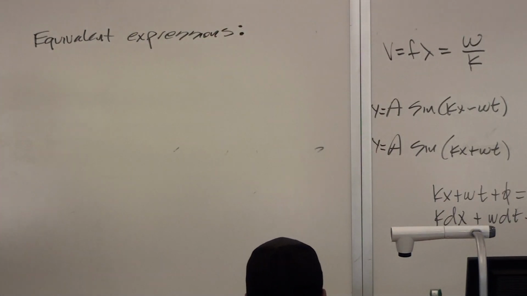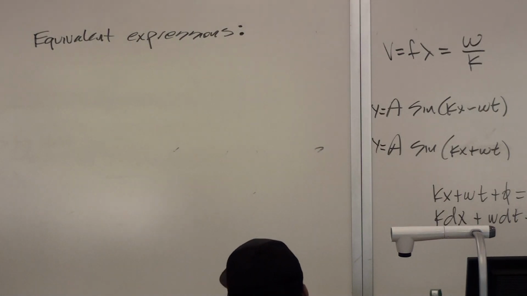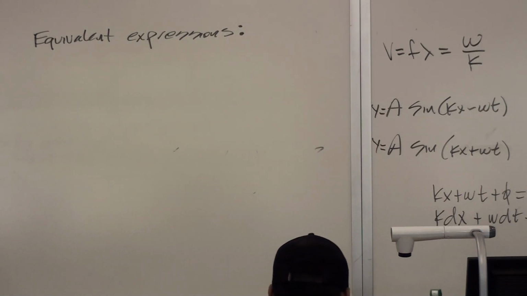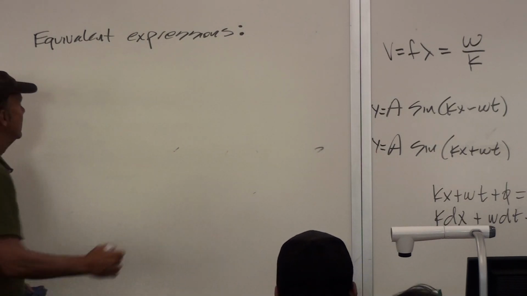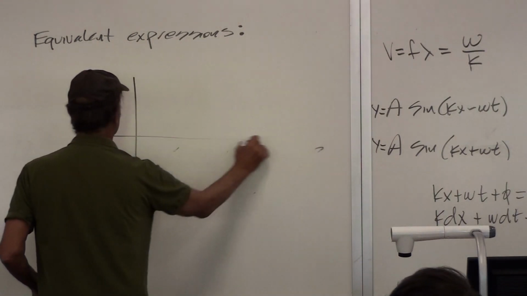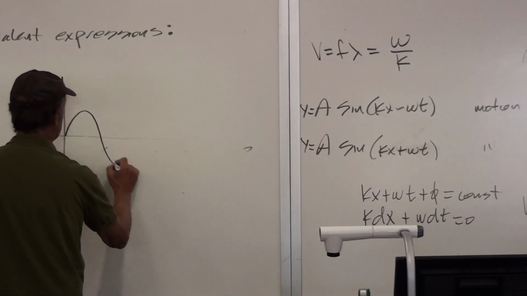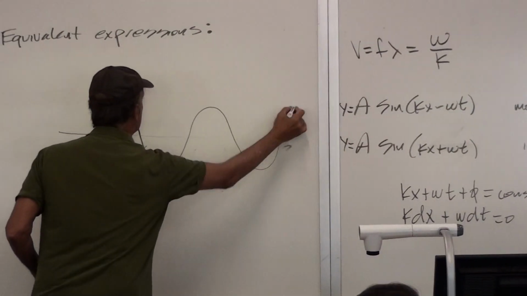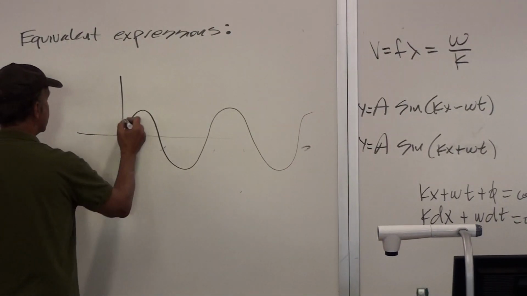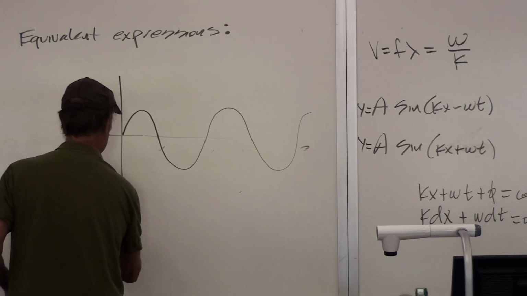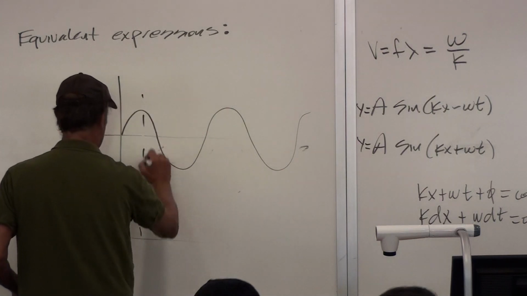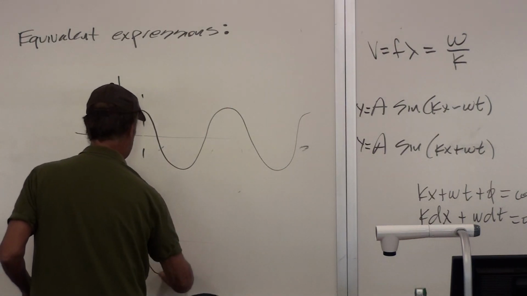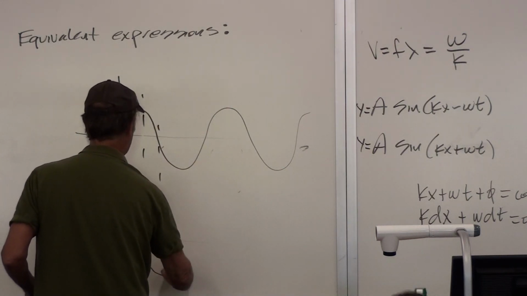First of all, let's see how the phase angle can turn a sine function into a cosine function. Okay, let's say we've got something that looks like this. And we've got another function that looks like this. It starts out, then it goes to 0 here, then it goes to maximum negative there.